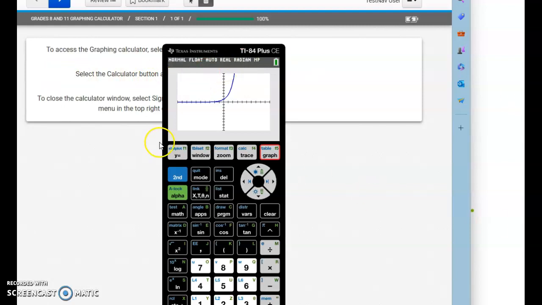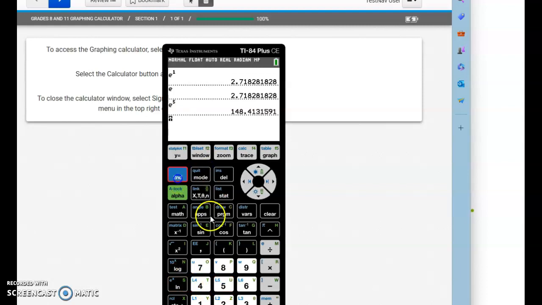So when you need to evaluate, say it said to find e to the 5th power, you would put in your calculator e and you would hit this to the 5th. If you do hit this other e here, you just hit the caret symbol after it, and then it gives you the value for that. And then you round it to whatever decimal place you need.